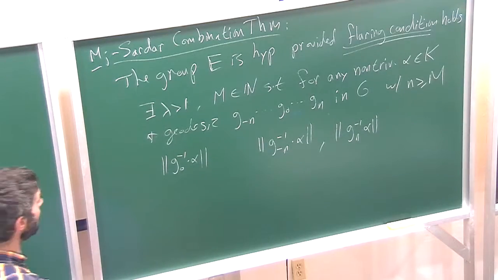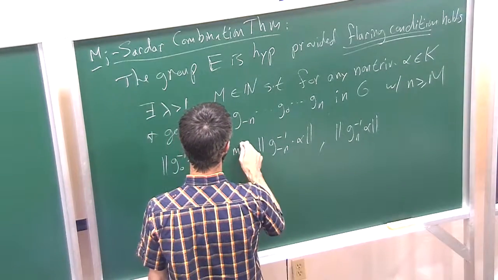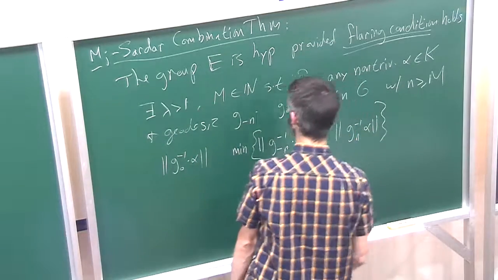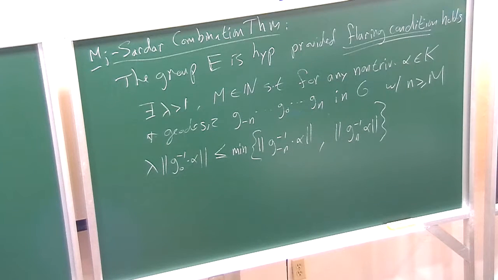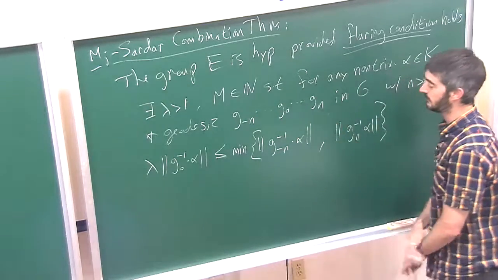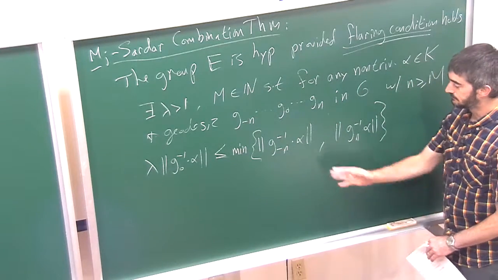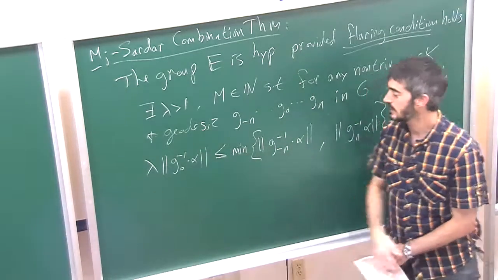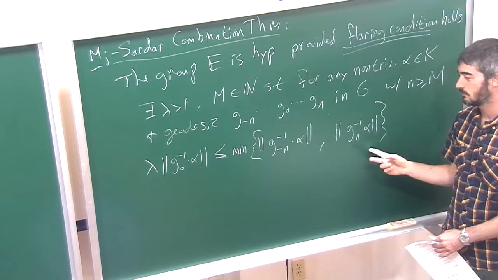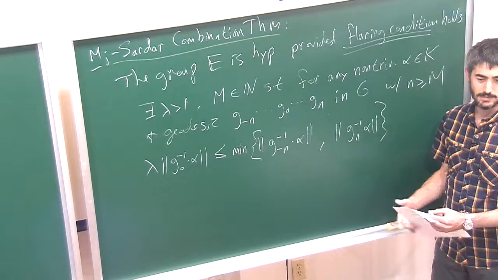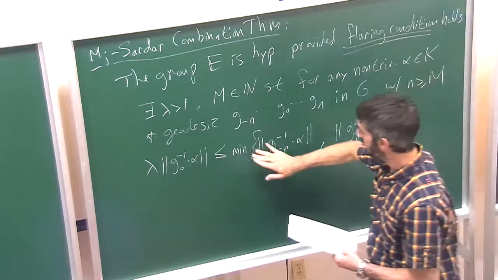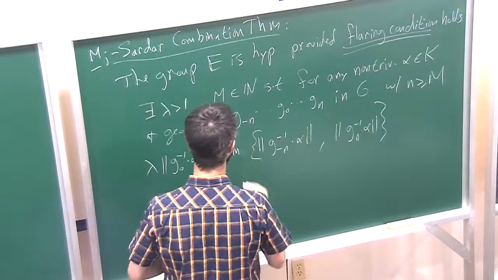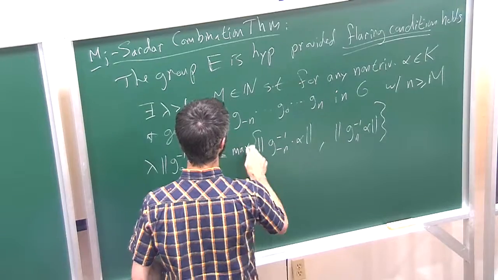The condition is that the minimum of these two things should be bigger than lambda times the middle. Along this geodesic, I keep track of the length of my conjugacy class alpha. In the middle it has some length, and as I go either to the left or the right, one of the ways has to get bigger. Oh, do I want minimum? I think I want maximum. Yeah, sorry, that makes more sense. One of them gets bigger, the maximum.